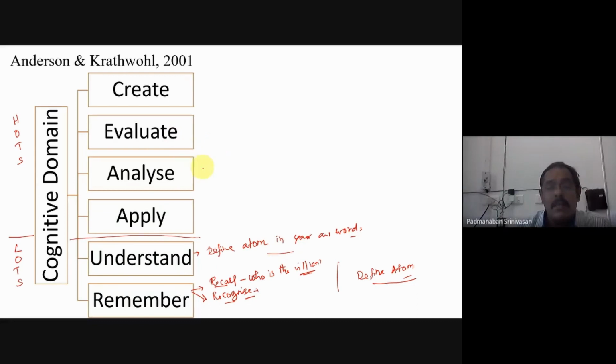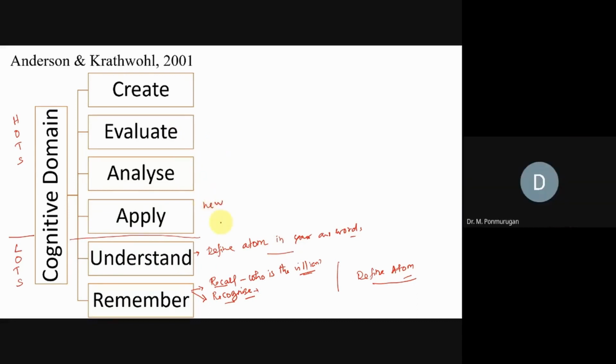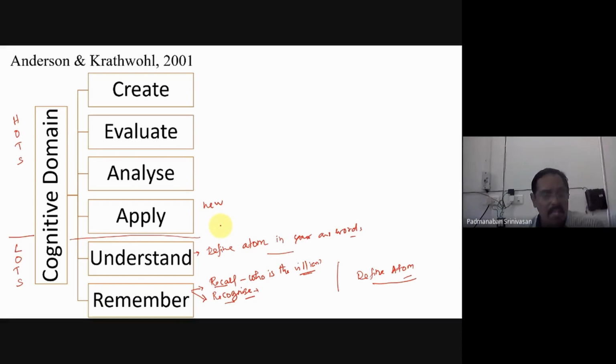Understand. So the next one is applying in a new situation a law or a concept, whatever they have learned. If they apply it in a new situation, that we call apply. So they learn many laws like Newton's third law. Just for example, I am saying, and you can have it discipline wise.